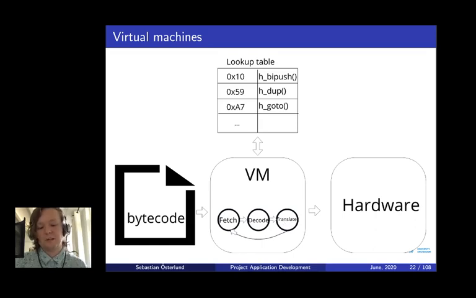Typically, it fetches an instruction, then looks it up in a lookup table to say, okay, this certain opcode corresponds to something like that, so handle this instruction. Then the decode step would probably be this handler here, which tries to decode the instruction, and then finally you translate it and execute whatever that instruction is supposed to do on your hardware.